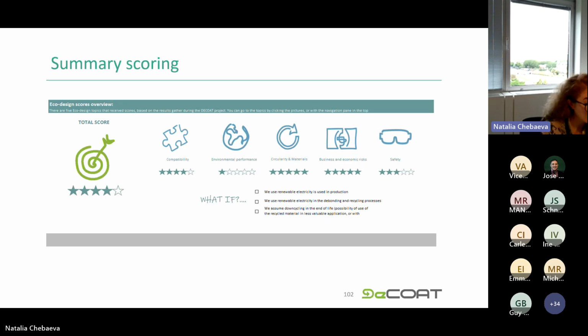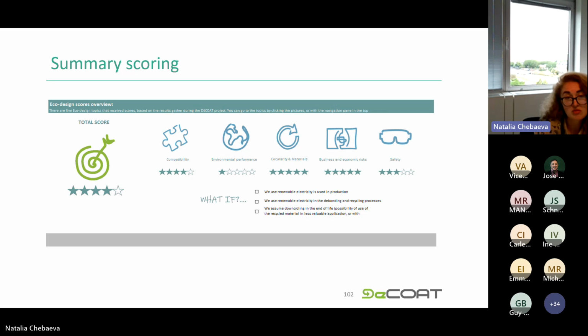And as the second part, the summary also provides a score in performance in five core categories: compatibility, environmental performance, circularity, business economics, and safety, and provides an aggregated score.